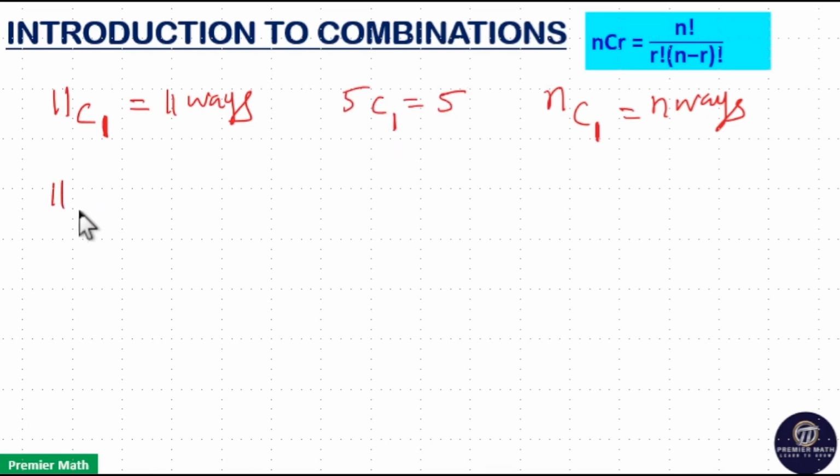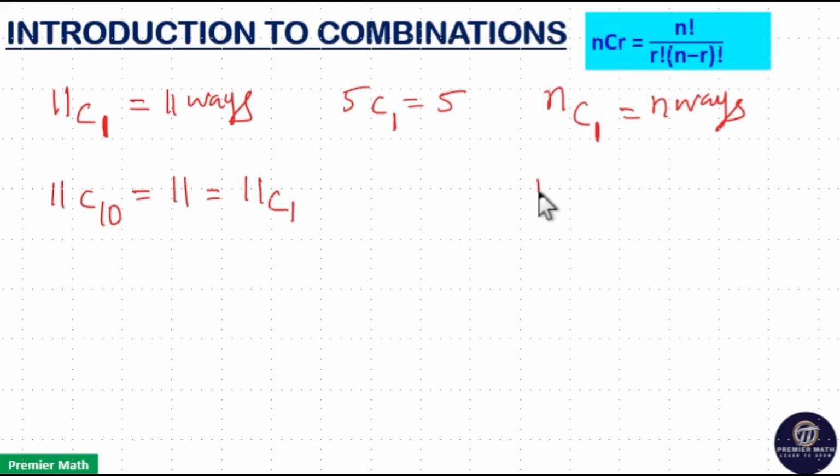Now, if you like 10 out of these 11 mobiles, that is, if you're selecting 10 mobiles out of these 11 mobiles, you can do it in 11 ways, because 11 minus 10 is 1. That is, 11C10 is equal to 11C1, which is equal to 11.